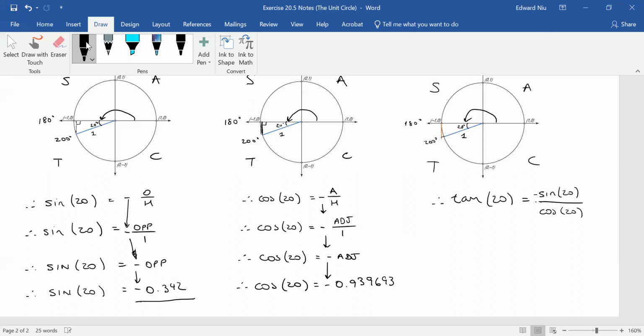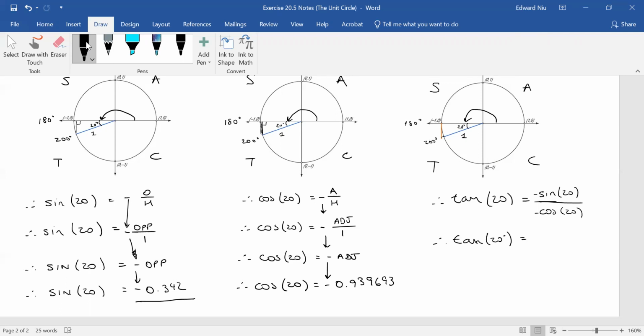And so we know tan is going to be positive in this quadrant because we have 2 negatives. All right, so we've got a negative answer for sine 20 and then a negative answer for cosine 20. So basically they're both negatives, which means tan 20 degrees is going to equal these two divided together.